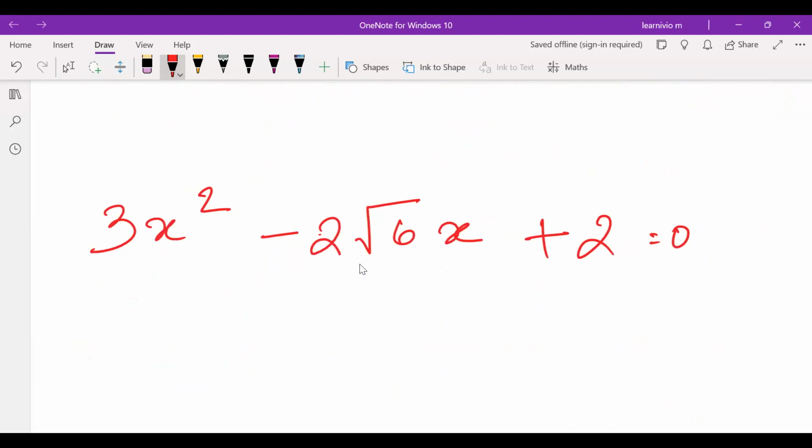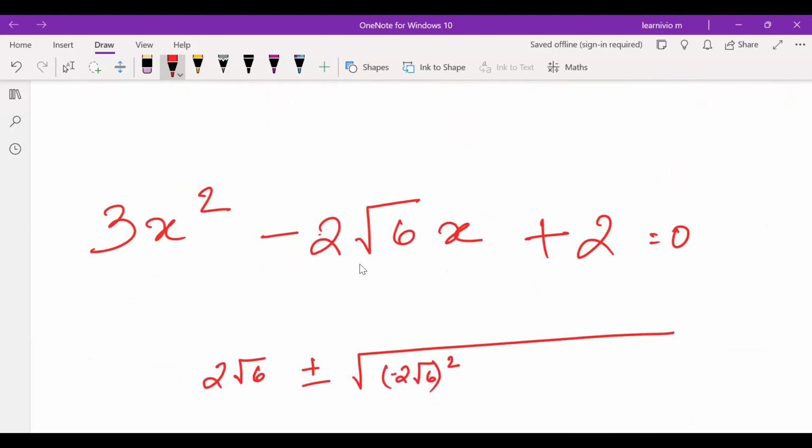Let's apply the formula. Minus b, that means 2 root 6 only, plus minus. Taking b square, what are we going to have, Zoha? This minus 2 root 6 whole square, right? Yeah, minus 2 root 6 whole square.